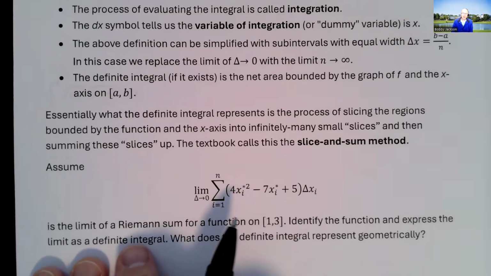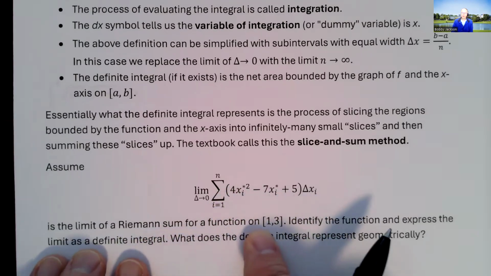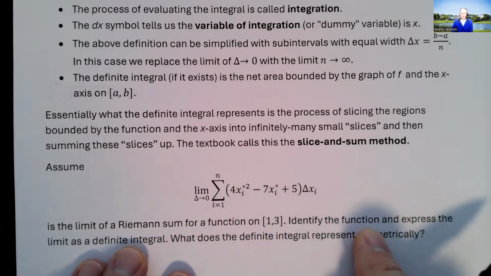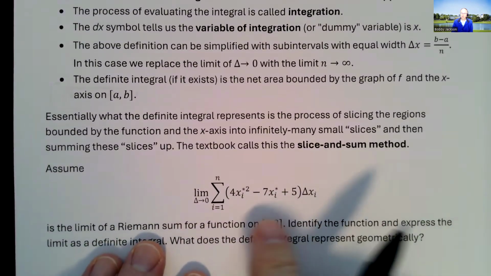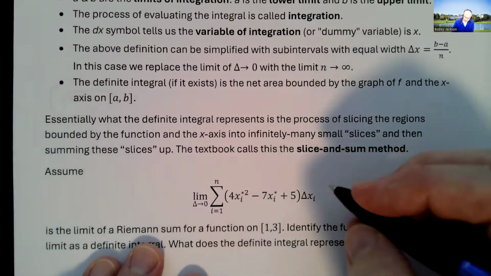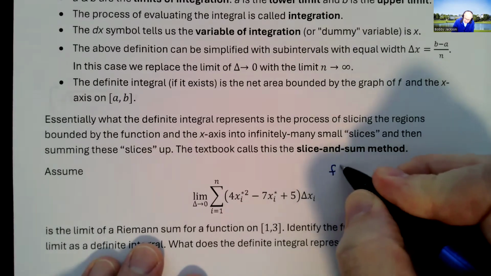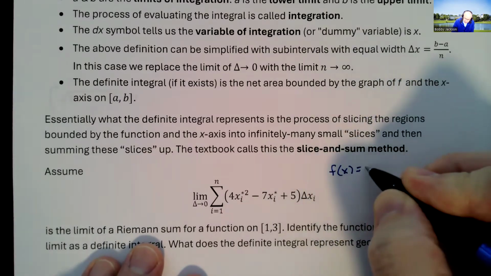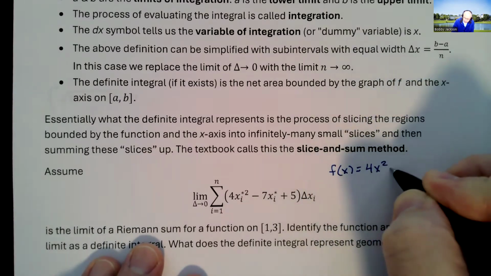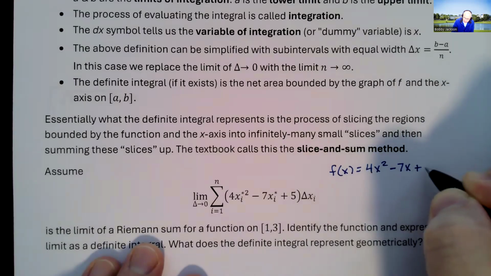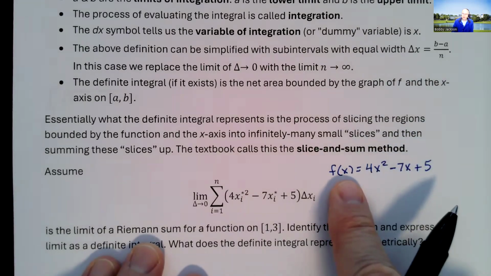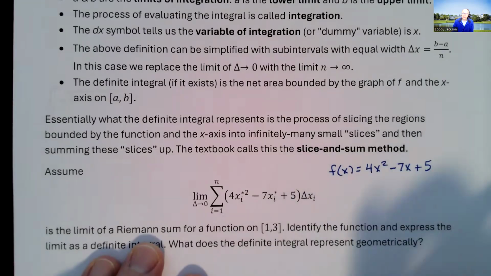And so if this is the limit of a Riemann sum for the function on the interval from 1 to 3, identify the function. Let's do that first, identify the function. Well, if this is f of x_i star, then the function f of x is simply 4x squared minus 7x plus 5, right? Because if I replace x with x_i star, I get this. So that's the function we're talking about.